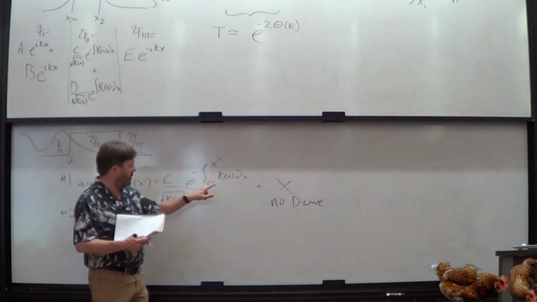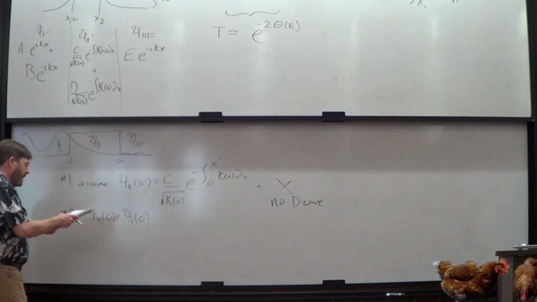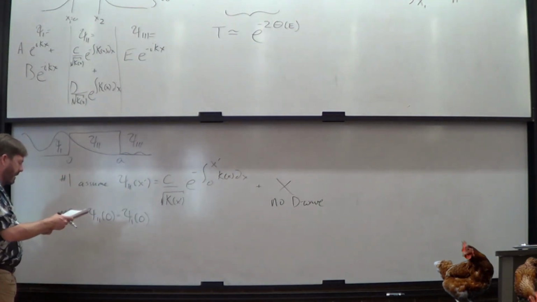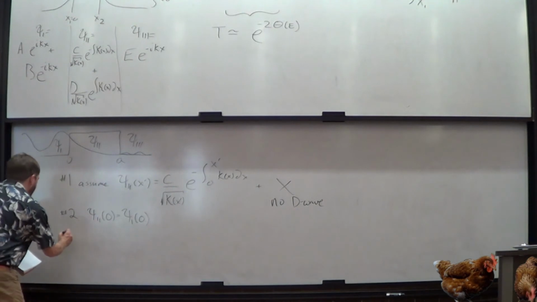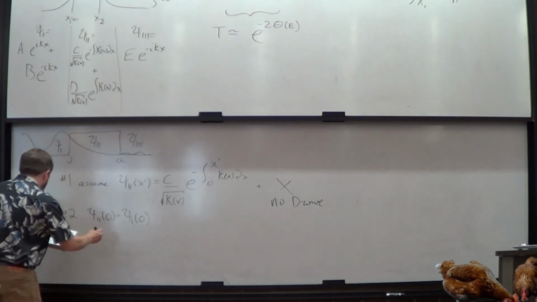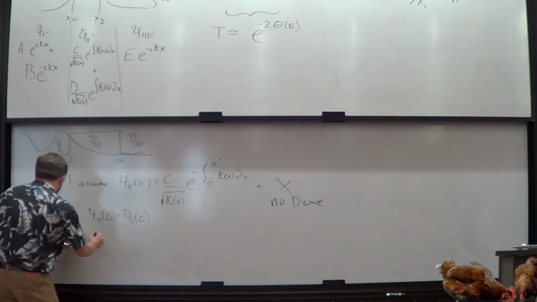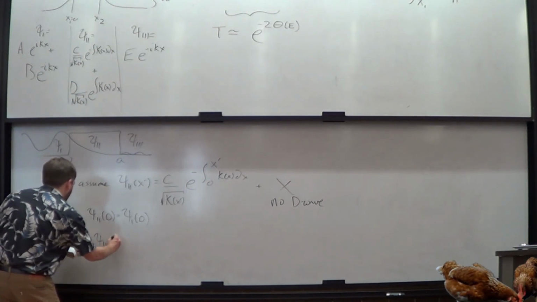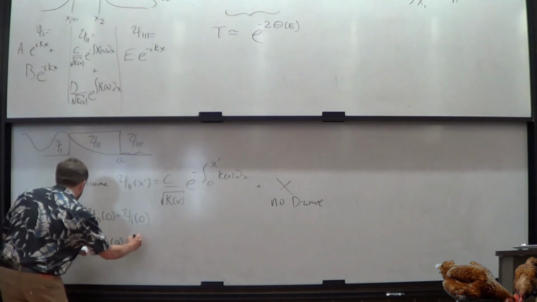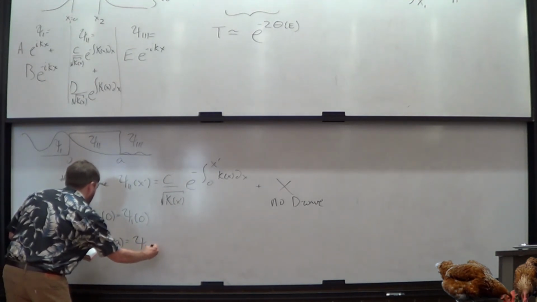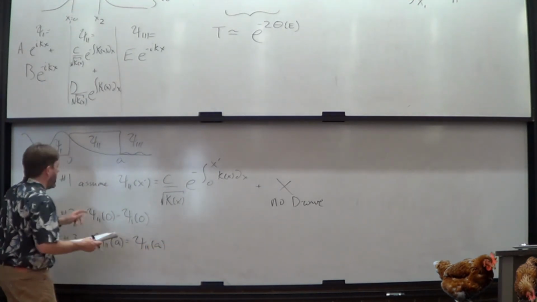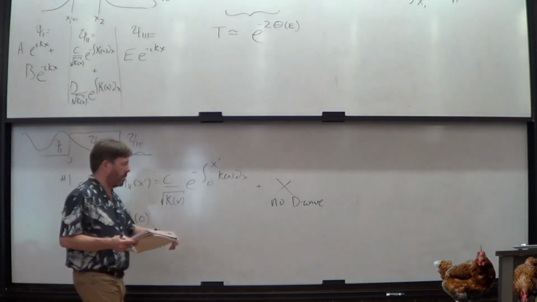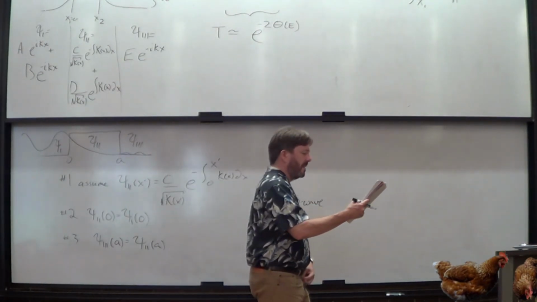The integral is 0, so e to the 0 is 1. And number 3, the wave function in region 3 at A is equal to the wave function in region 2 at A. Again, continuous. So approximation, and then those are just normal continuous boundary conditions.